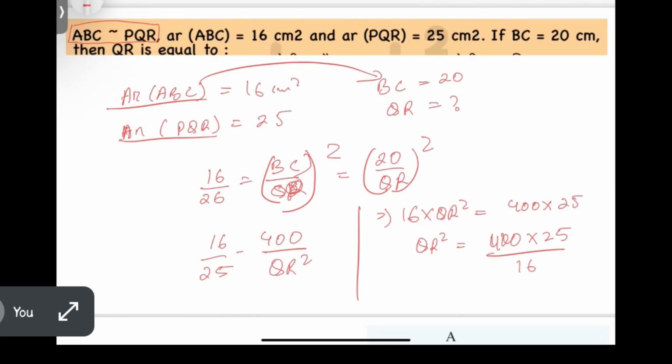So I'll transfer the square to the other side. If we transfer a square to the other side, it will become a square root. Square root of 400 into 25 divided by 16.